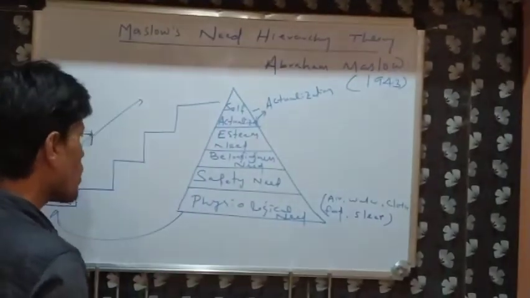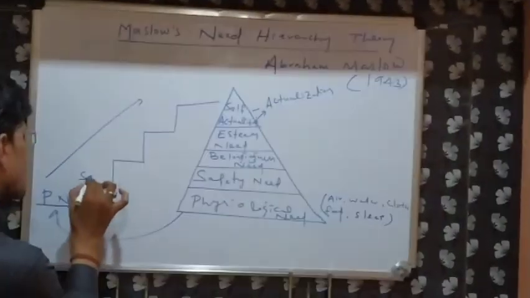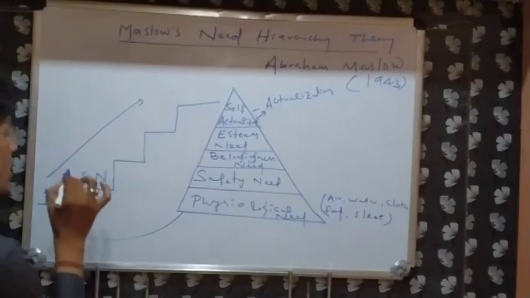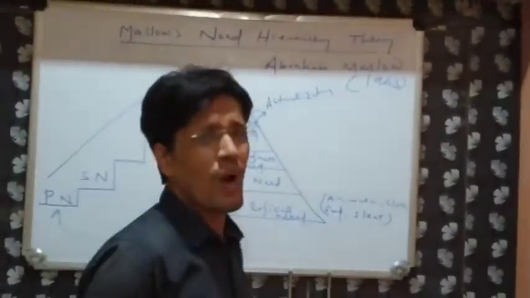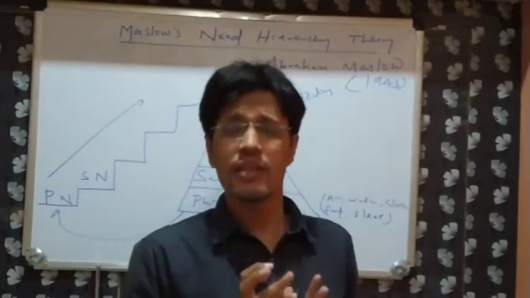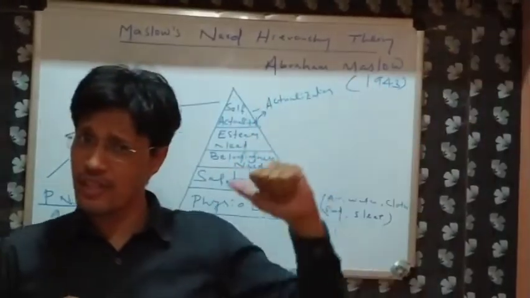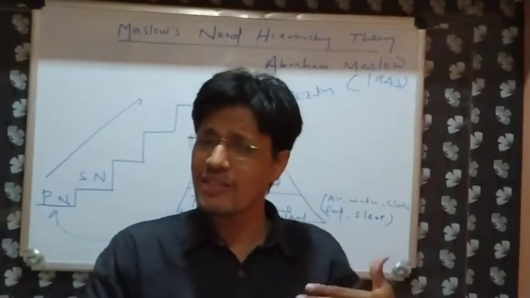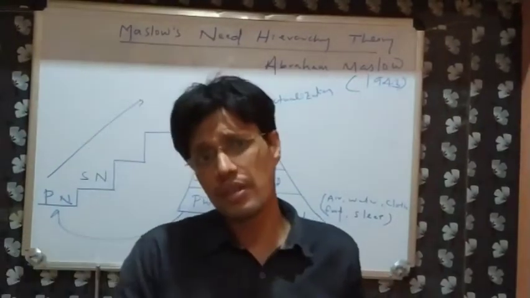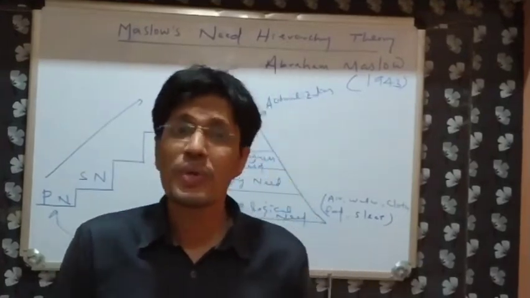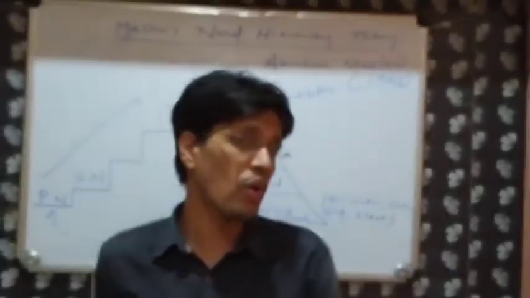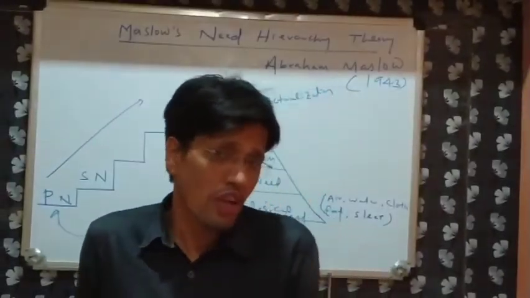Once these needs are fulfilled, then he goes for the safety need. SN stands for safety need. Once a person, as I told in the case of the cycle, once the wheel has started operating, we can think of the next step: how I can make this more comfortable.